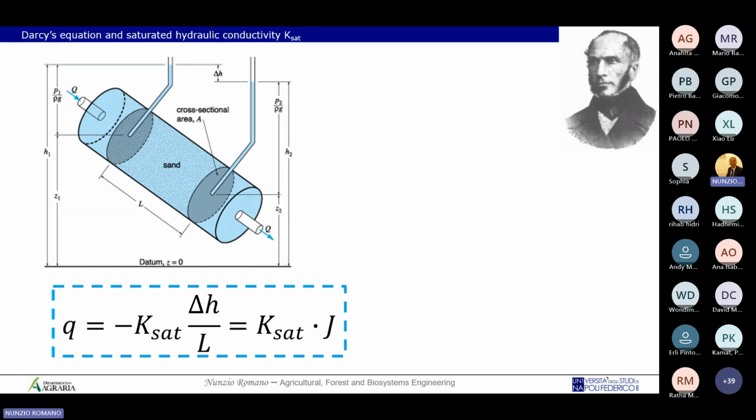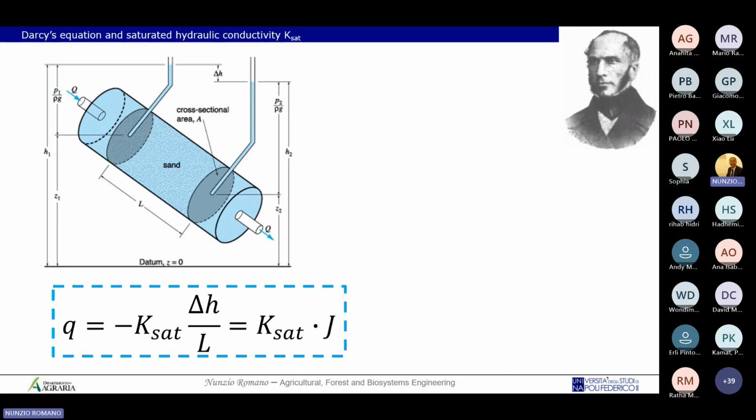So we always have that q, the flow rate, is proportional to the unit loss of energy, delta H over L, and this proportionality is the hydraulic conductivity.